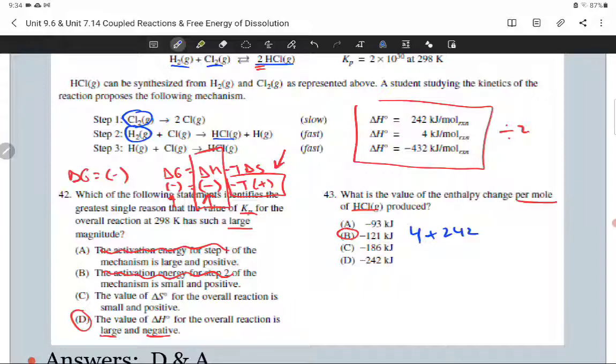We already got 1 there, and then we have another one there. So it looks like to me that we're not rearranging any of these. But remember that when you do this Hess's law, that's going to be for 2 hydrochloric acids, but we went for 1. So you're going to have to divide that number by 2. And that's how you got to negative 121, sorry.